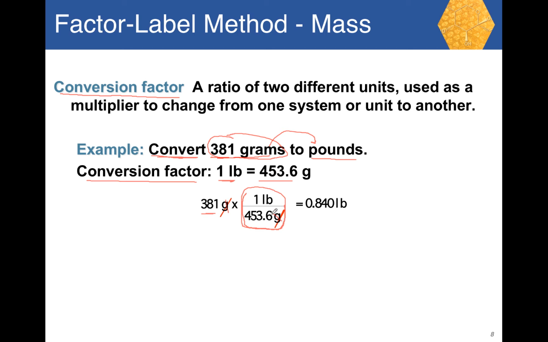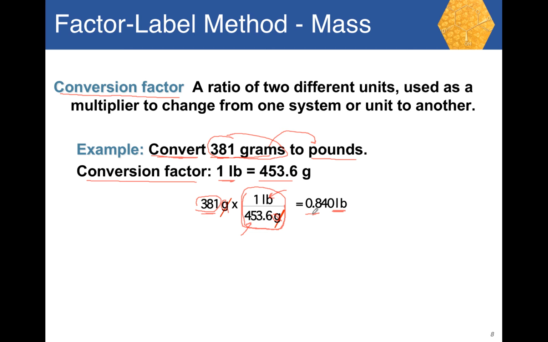If you cancel the grams, what you end up with is pounds, and that is the answer. So now all you have to do is use your calculator, type in 381, and divide that by 453.6. And this will be your answer reported to 3 decimal places. Okay, make sure you can do that.